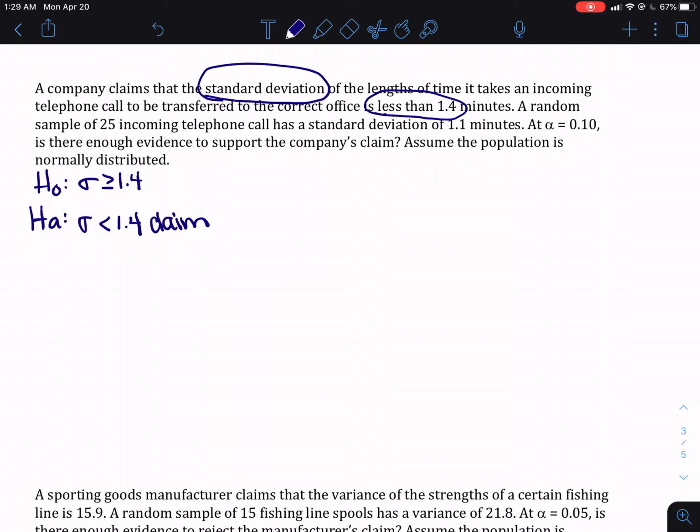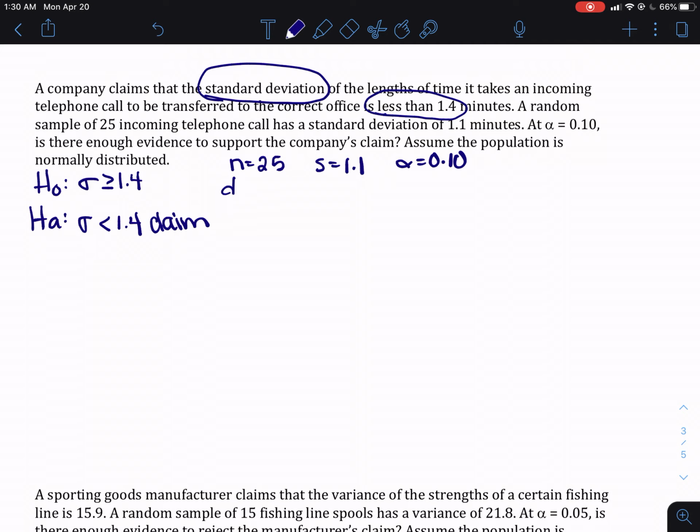A random sample of 25 incoming telephone calls has a standard deviation of 1.1 minutes. So at alpha equals 0.1, is there enough evidence to support the company's claim? Assume the population is normally distributed. So we have stated everything we know.